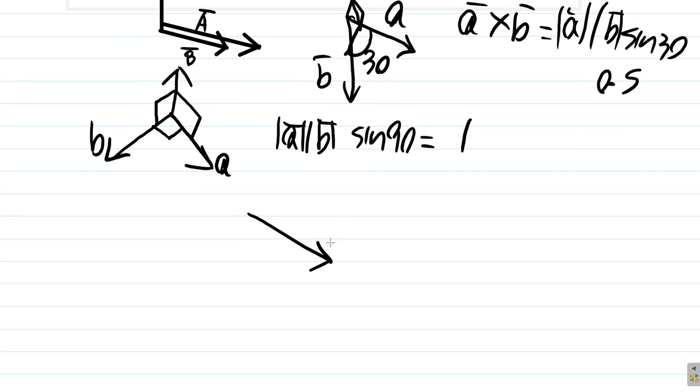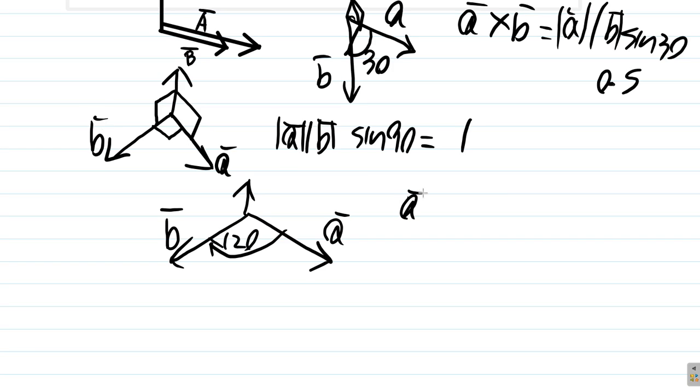Suppose you have A like this and B like this at say 120 degrees apart. What would be the cross product? Well, in that case, A cross B would be magnitude of A times magnitude of B times sine 120 degrees.